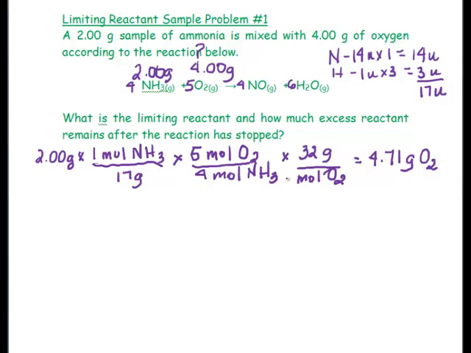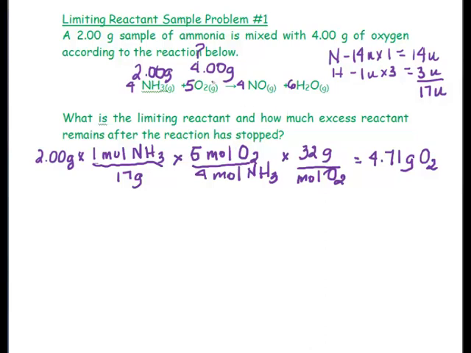And it's obvious, I don't have that. So what I've just done is determine that if I want to use all 2.00 grams of my ammonia, I don't have enough oxygen to do that. I've only got 4.00 grams. And so what I've just done here is determine that oxygen is my limiting reactant.